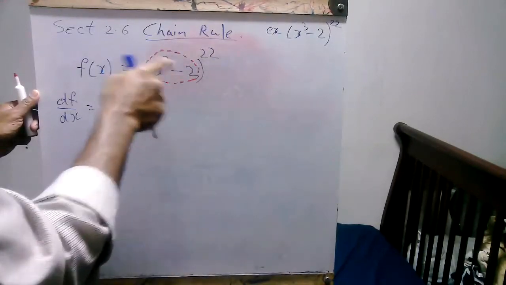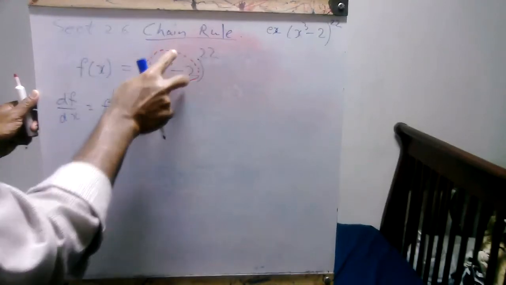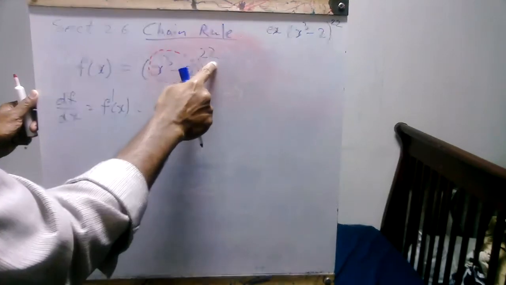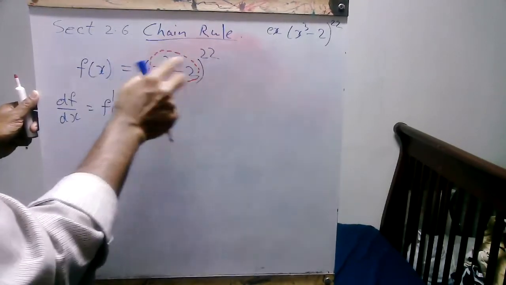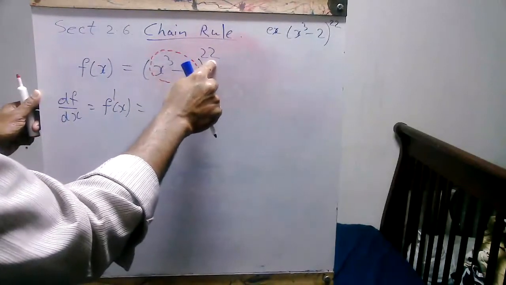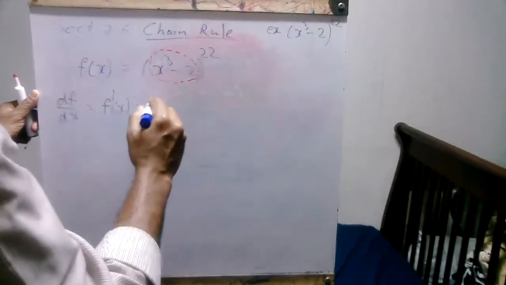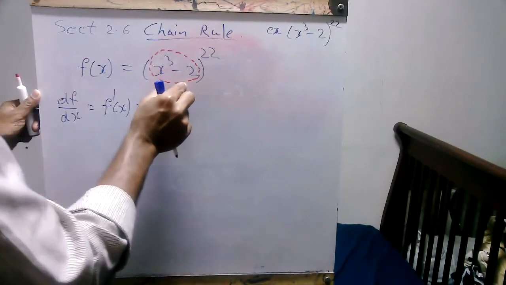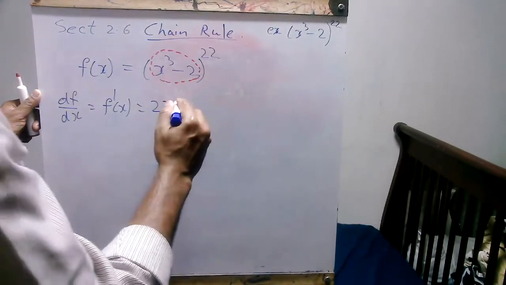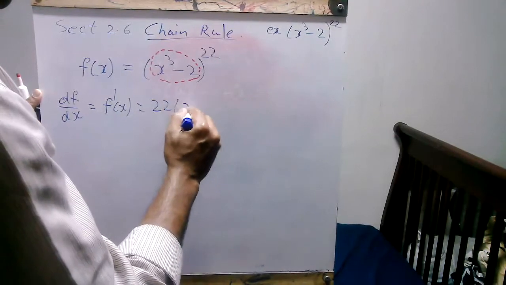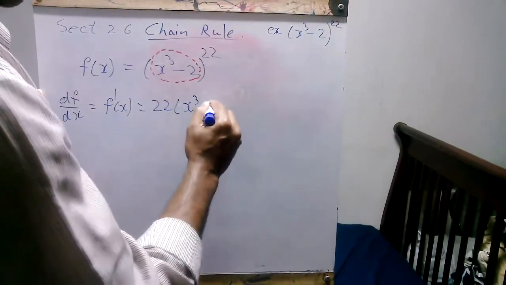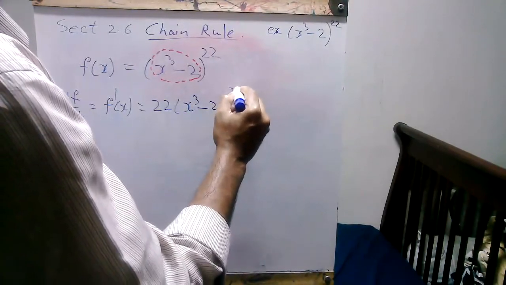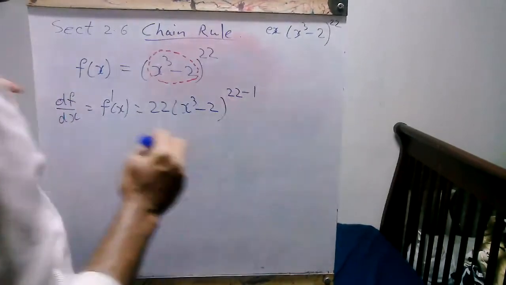So assuming this as a different function, we simply use the power rule. 22 comes here, this to the power 22 minus 1. We take this as a single function, so I'm not going to break that: (x cubed minus 2) to the power 22 minus 1.